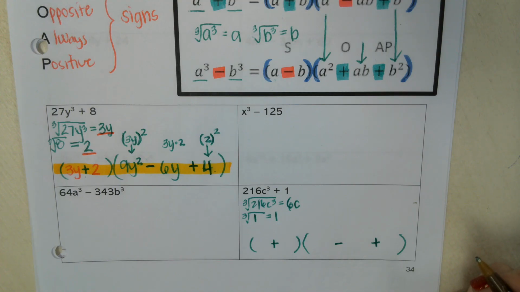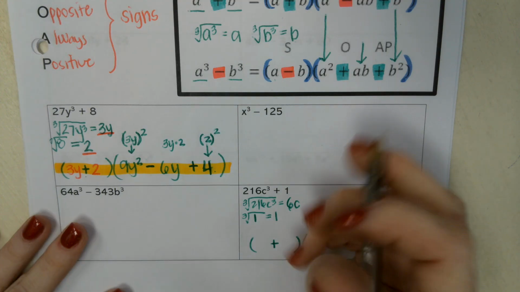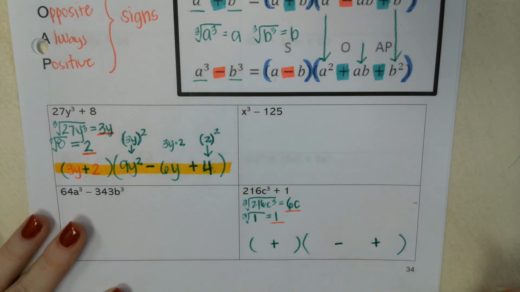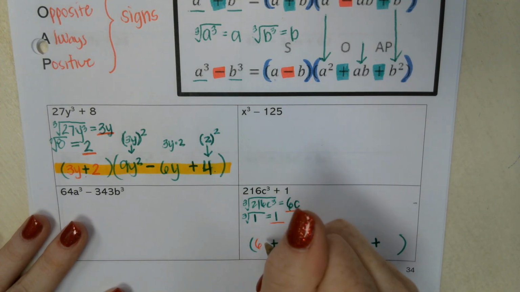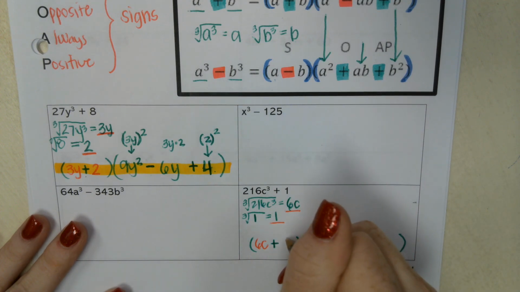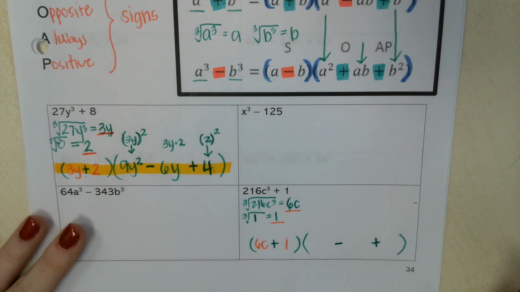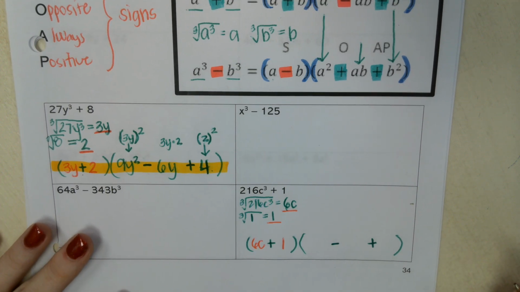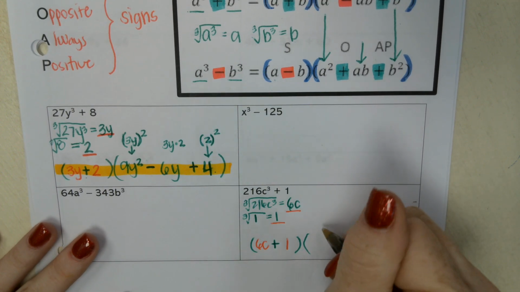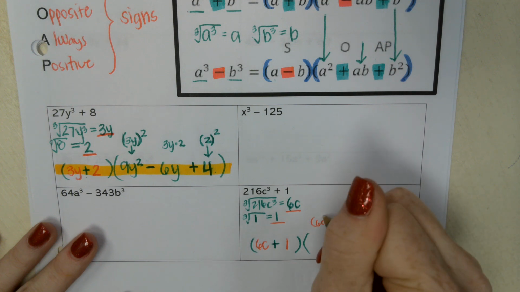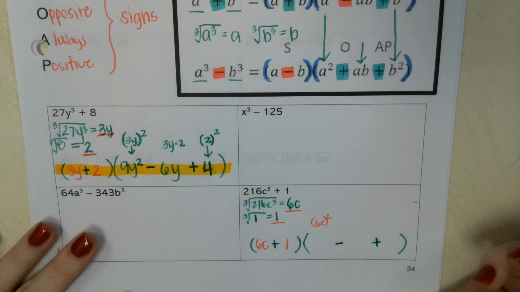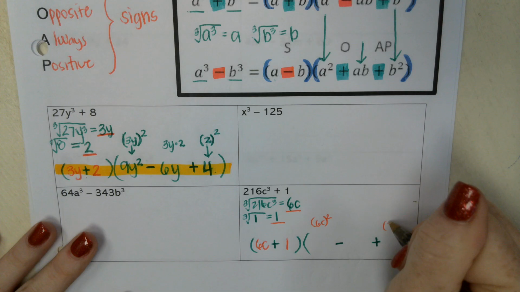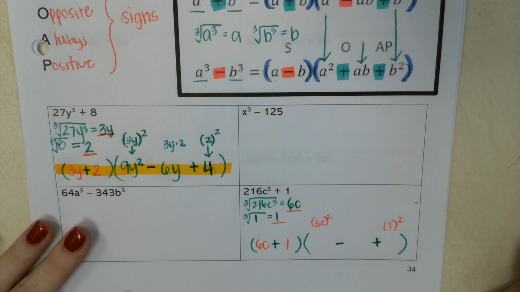Now, the 6c and the 1. The 6c goes in the first position. The 1 goes right here. Now I'm going to take the 6c and square it, and take the 1 and square it.